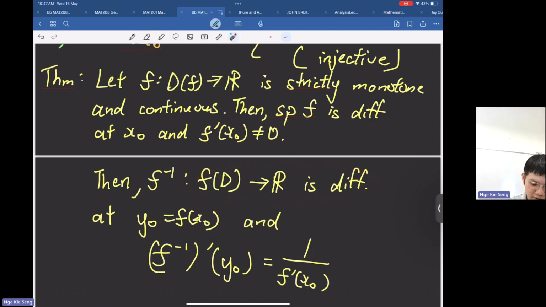But do we know that f inverse is continuous? This is a very good question. I think yesterday we missed this.